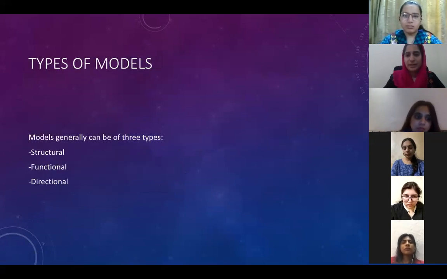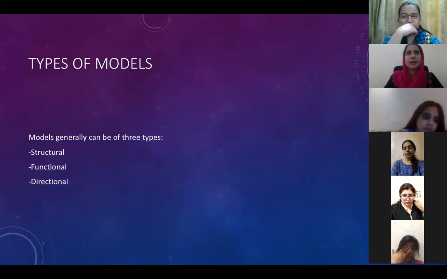Okay, these are different types of models that we will be learning in this semester. Models can be structural. Structural models are those models that explain the structure of something. And then there are functional models. They basically aim at describing the function of a process. So for example, a model that tells us that media sets agenda for people.